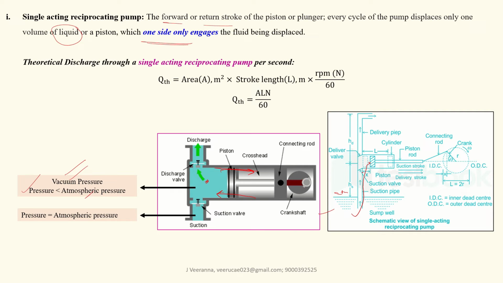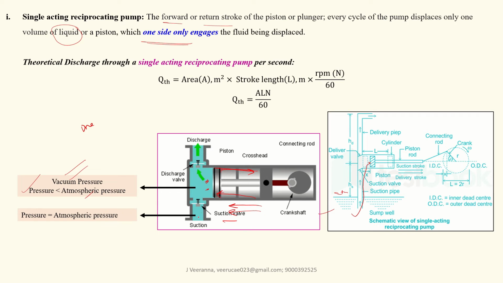The suction side valve is a one way valve. Due to vacuum, the valve opens and water enters this cylinder. This inlet suction valve and the delivery valve are one way valves, so a valve will open in only one way.